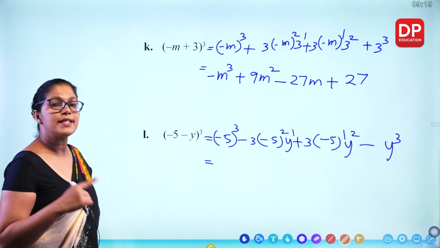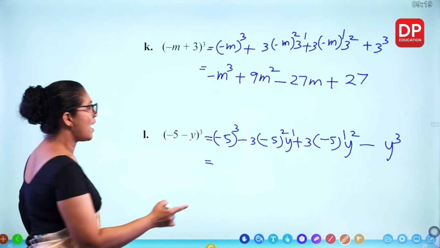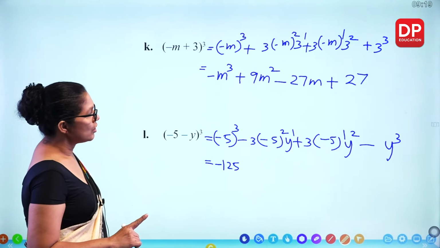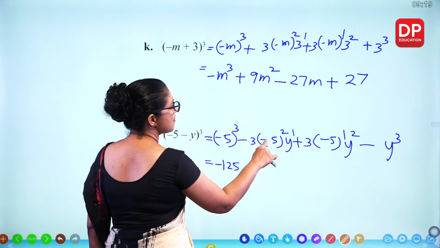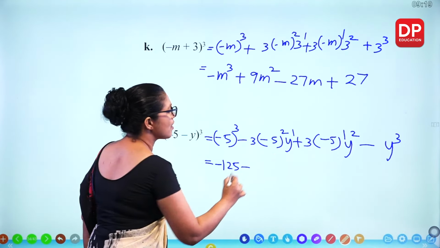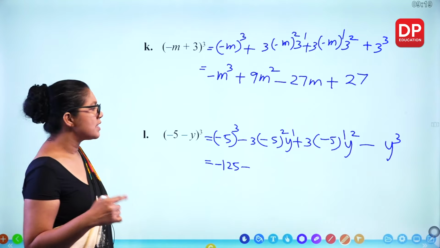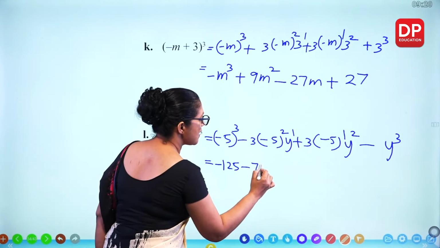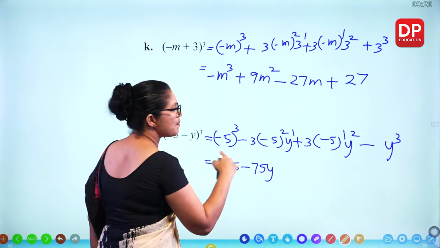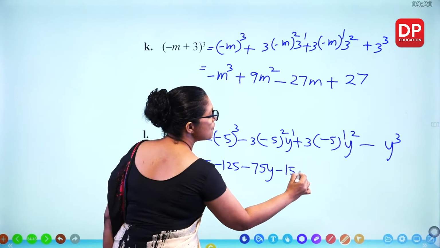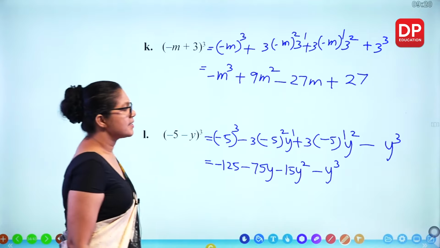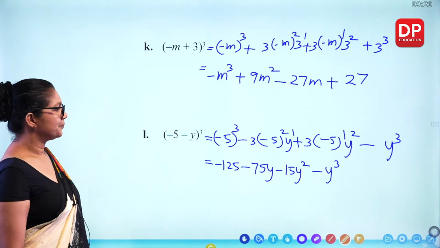So minus 5 times minus 5 times minus 5, you get minus 125. Here also you get minus. This is plus, plus into minus, minus. 5 times 5, 25. 25 times 3, 75. This one, minus 5 times 3, you get minus 15. Last term, minus y cube.